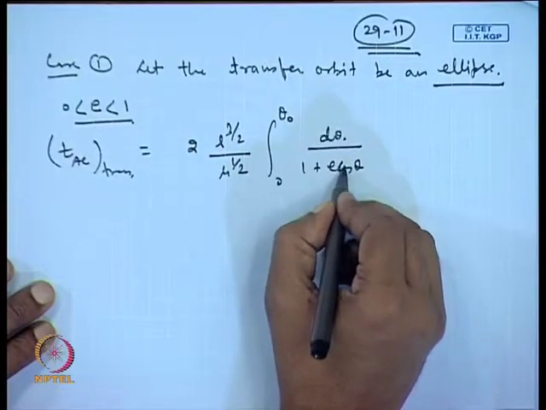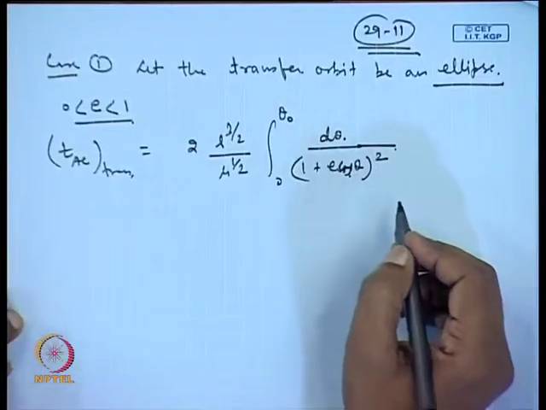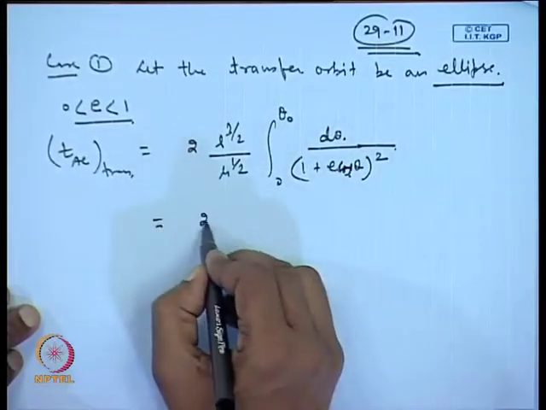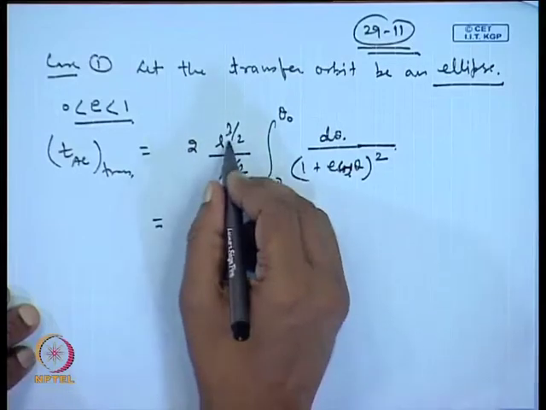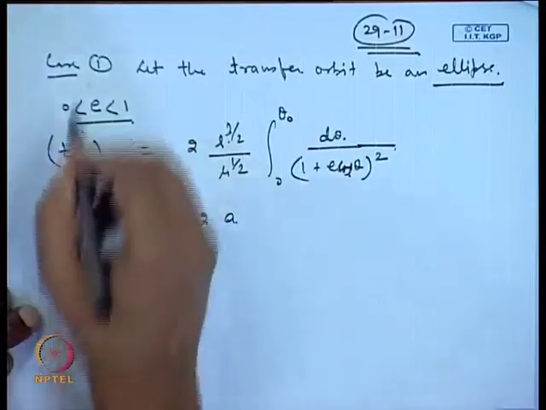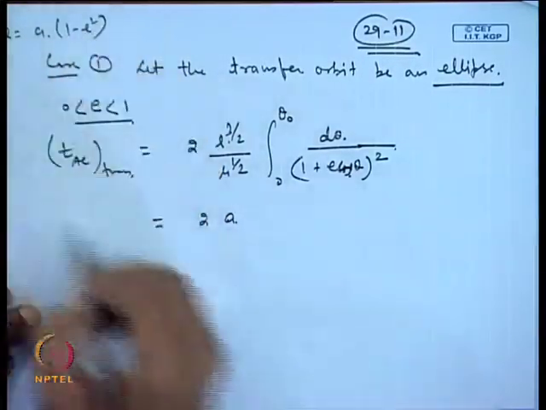So, utilize the previous results, and if you utilize it, L you can write as A times 1 minus e square. Okay.